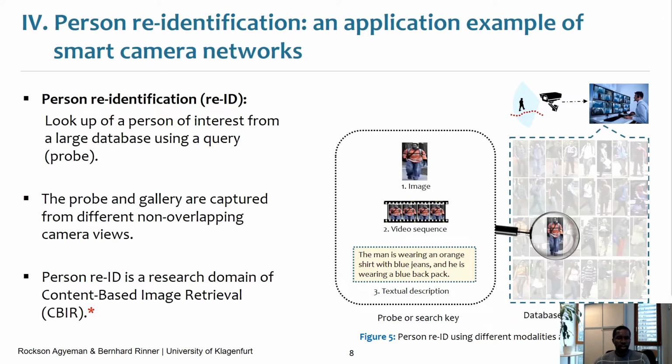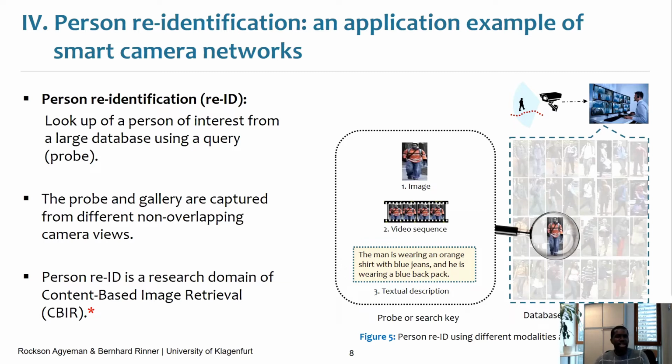Previously, when we were considering the person monitoring example, we looked at how the database of persons is generated. The probes are largely in the form of image or image sequence, but in recent times there's been a growing interest in using textual descriptions as the probe.